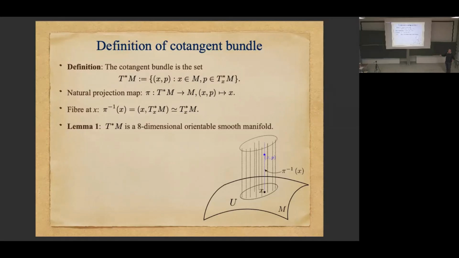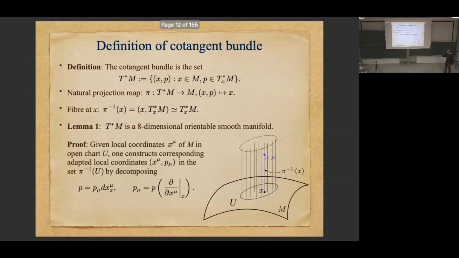By the way, I didn't say that, but I consider dimension 4 just for definiteness, to simplify the notation. But in the article, we did it actually in d dimensions or n dimensions. So there's no obstruction to that. And if you have never proven this lemma, I encourage you to do so because it's nice.